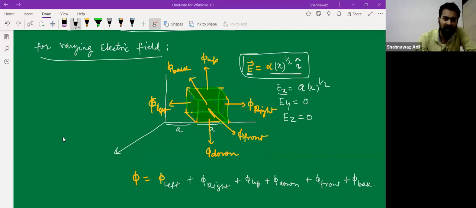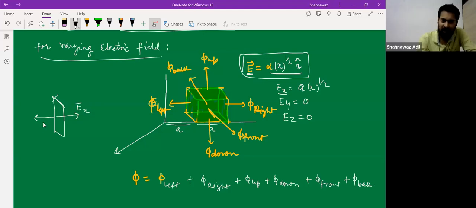Now what will be phi left? So for phi left, you have this kind of surface. Phi left is like this. So its electric field is in the direction of this way, right?